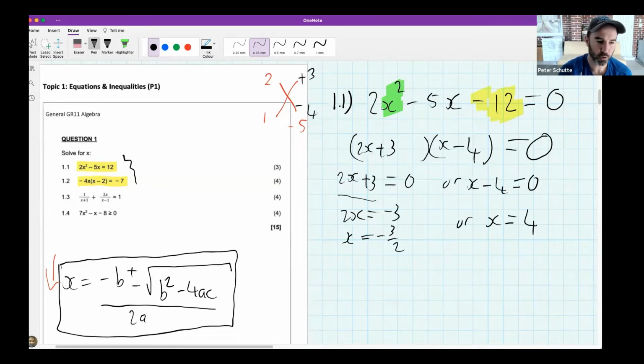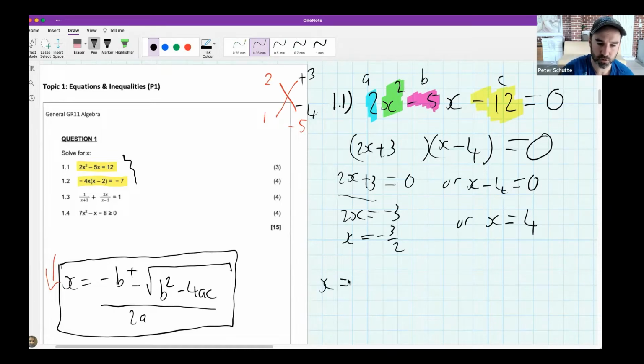If we had used the formula down here, what we need to recognize is what thing is a, and a is going to be 2. In this case, b is going to be -5, and then c would be the -12 over here. So a, b, and c.